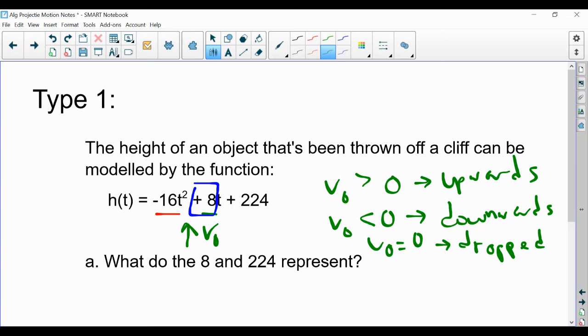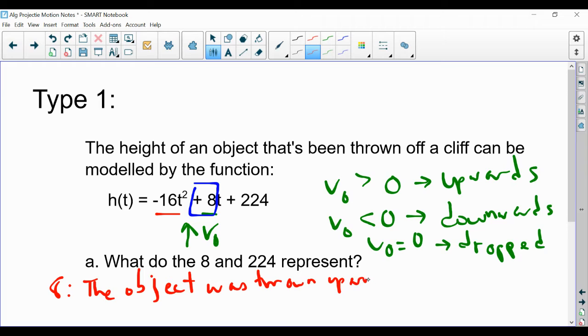Okay. Well, in this case, v naught is 8. So I could say that the 8 means that the object was thrown upwards at 8 feet per second.